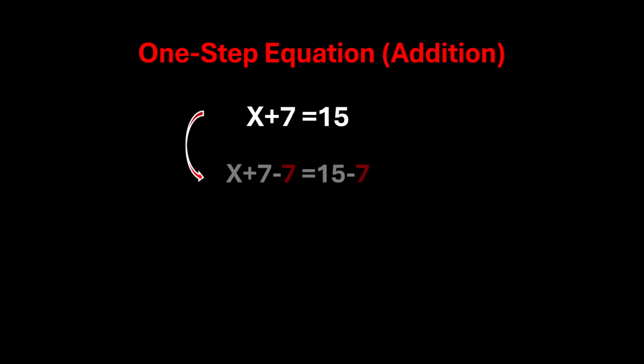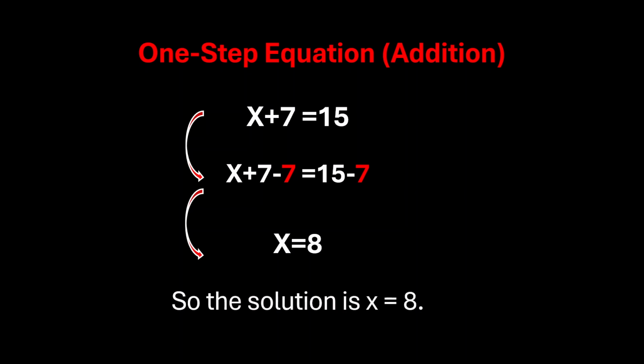So we write x plus 7 minus 7 equals 15 minus 7. And that gives us x equals 8. This is the solution of this equation. We write, the solution is x equals 8.